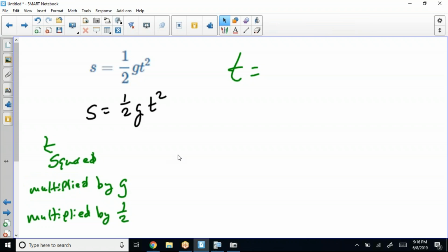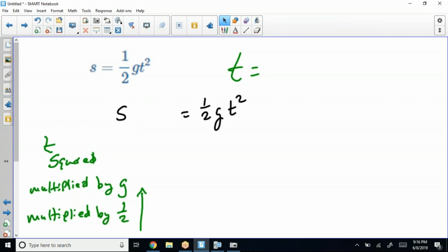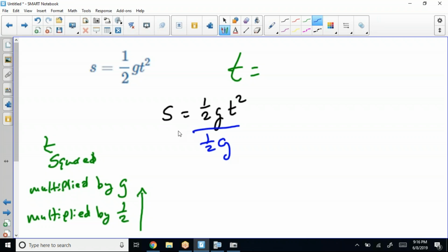All we have to do now is reverse it. If it's getting multiplied by 1/2 and g, then I can very easily divide both sides by 1/2 g, right?